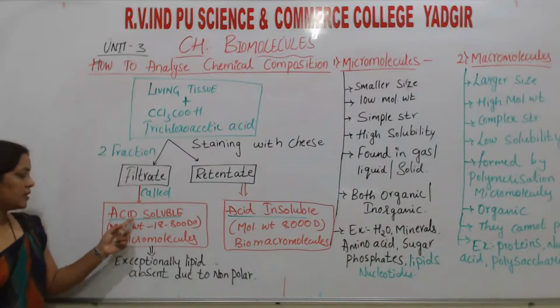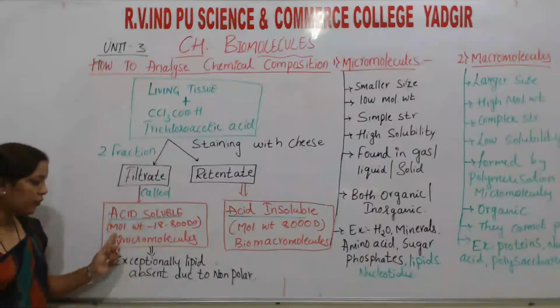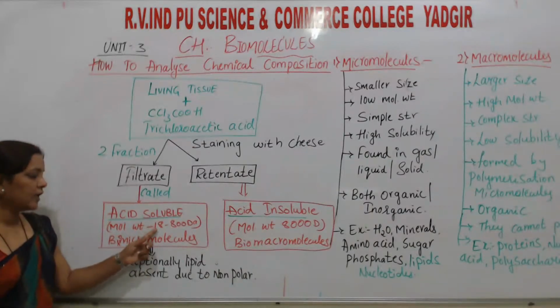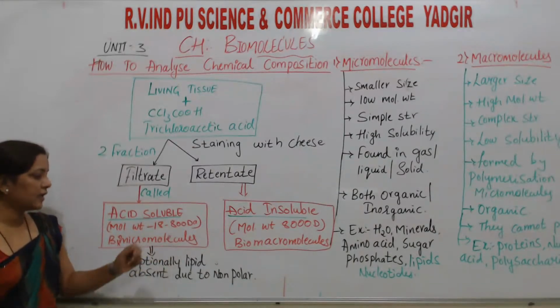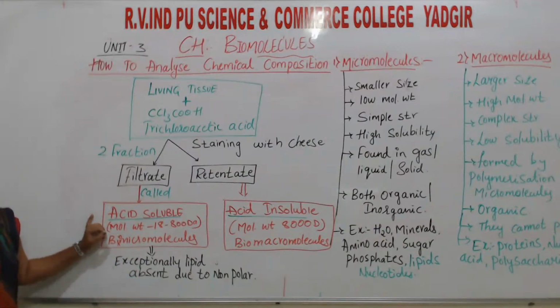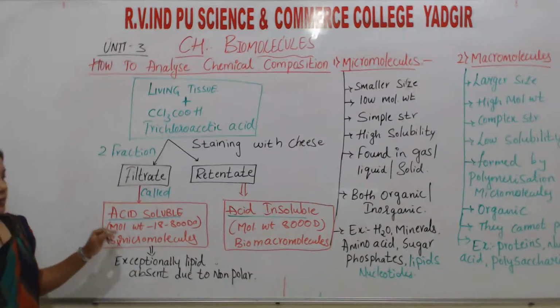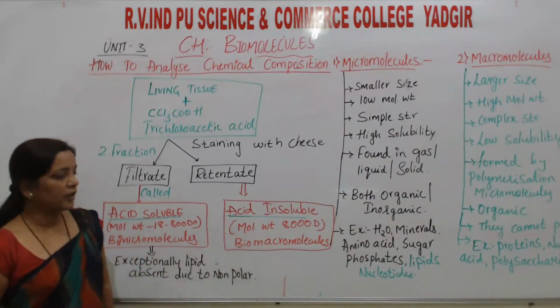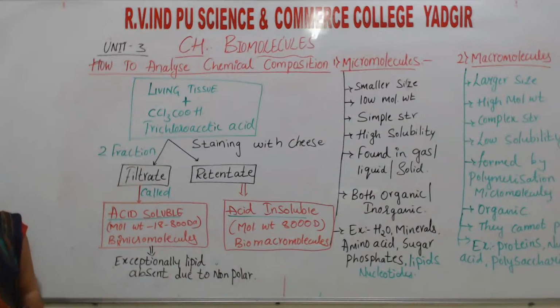So these acid soluble fractions have chemicals of molecular weight 18 to 800 Daltons. This is one point of the acid soluble. Acid insoluble chemicals have molecular weight of 8,000 Daltons.